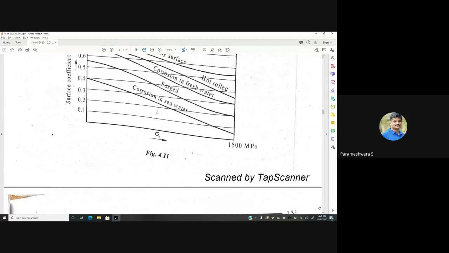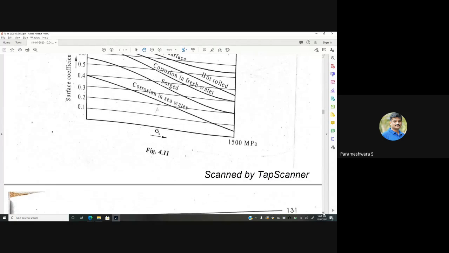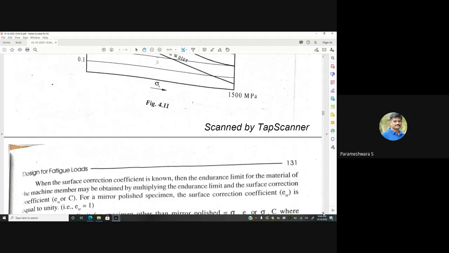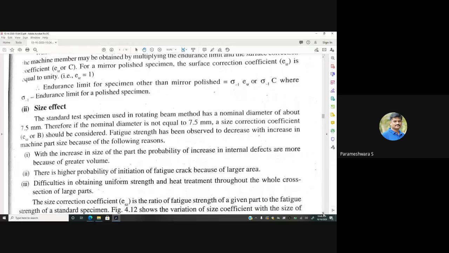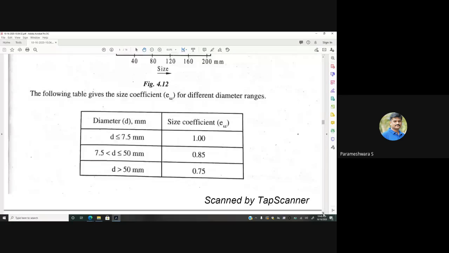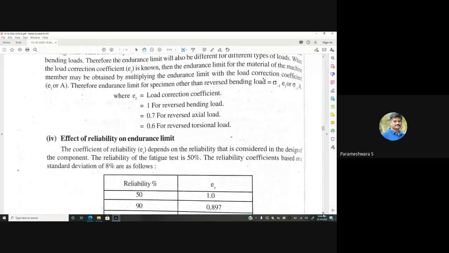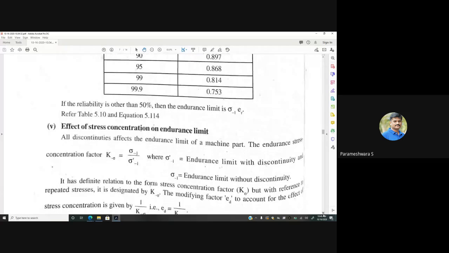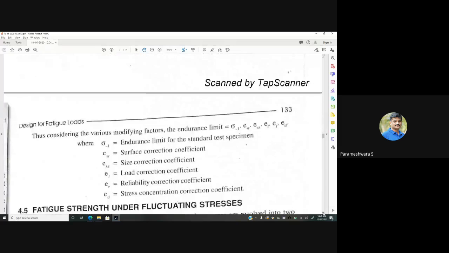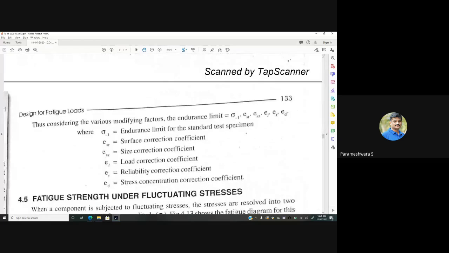Later we have discussed the various correction coefficient factors: surface factor, size effect factor, and then effect of load factor, reliability, then stress concentration. And in future we will see how all these correction coefficient factors are incorporated in solving the problems.